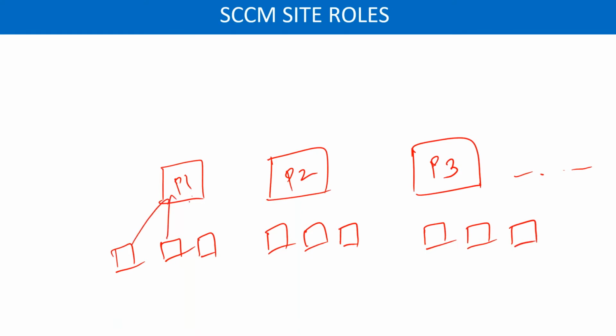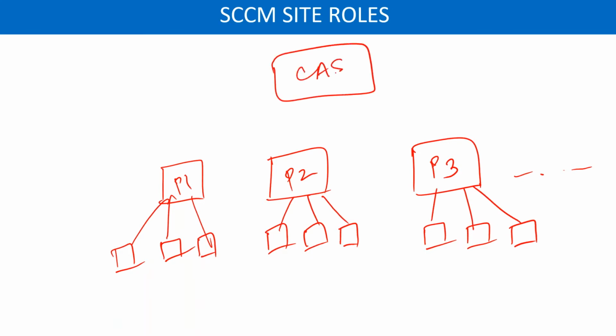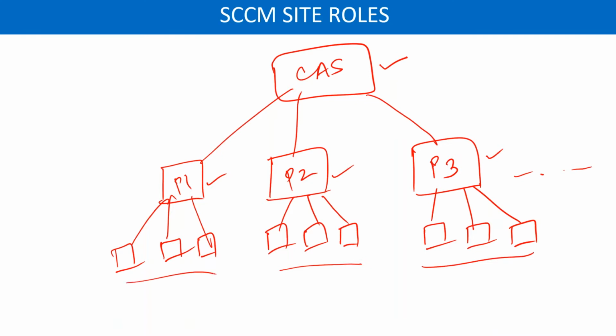The secondary will report to primary like this, and the primary will be managed by the central administration site. So central will be sitting on the top of the hierarchy. This is central, these are 3 primary sites, and these are secondary sites. This is for a big size organization, IBM, Deloitte, Accenture and all.